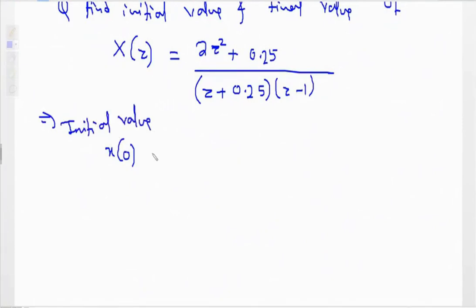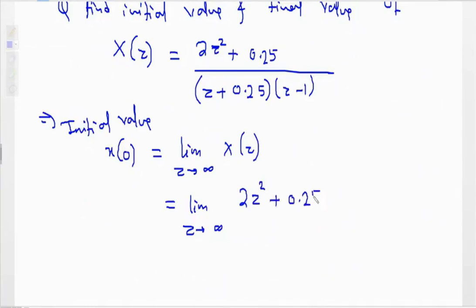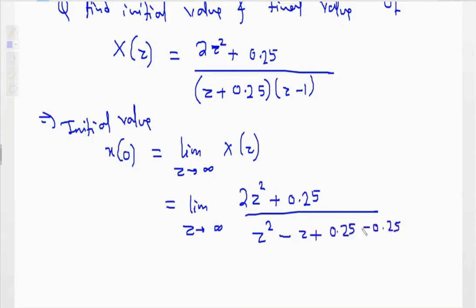x(0) equal to limit z tends to infinity of X(z). Substitute the value of X(z) here: limit z tends to infinity of (2z² + 0.25) divided by... I can multiply the denominator (z + 0.25)(z − 1), so that becomes z² − 0.75z − 0.25.